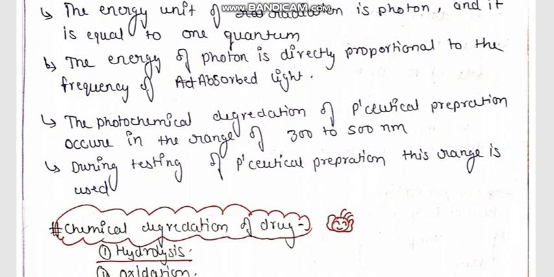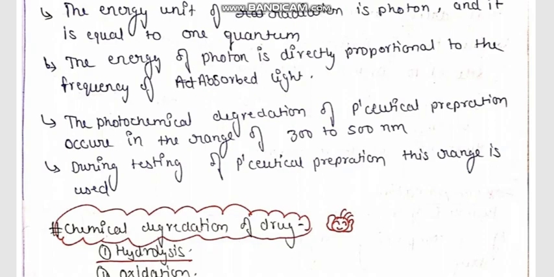During testing of a pharmaceutical product, this range of light is incident on the formulation and photolytic degradation of the drug is checked. So this range is used during testing at pre-formulation or at the end of finished product formulation.